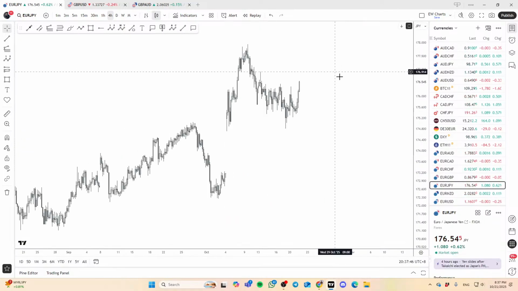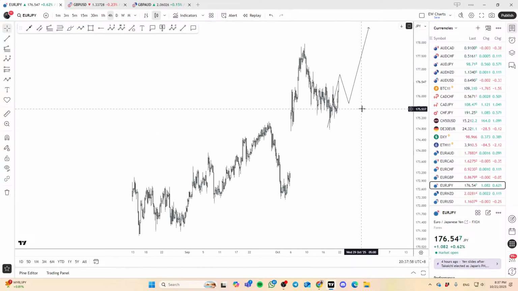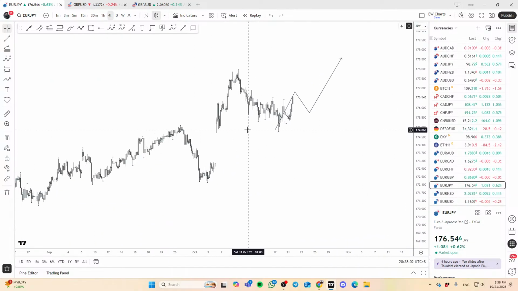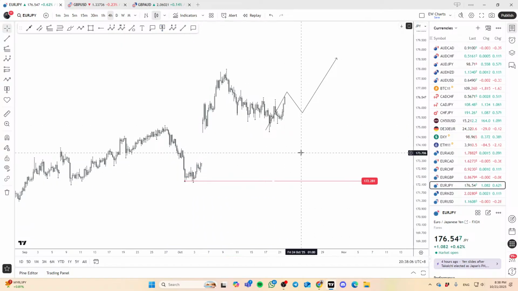Right. So Euro Yen, to be very honest, all the yen pairs are generally going to look the same. You can see this is an impulsive leg, so we are definitely expecting more upside. This would definitely still serve as an invalidation level.